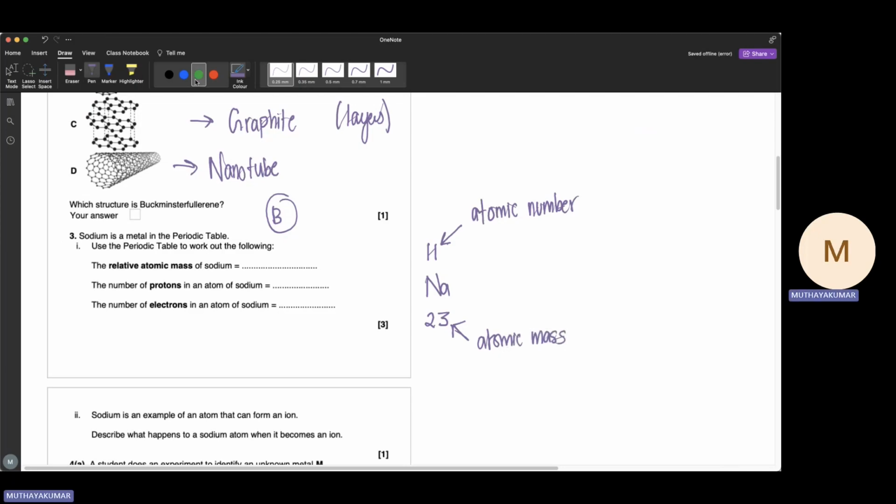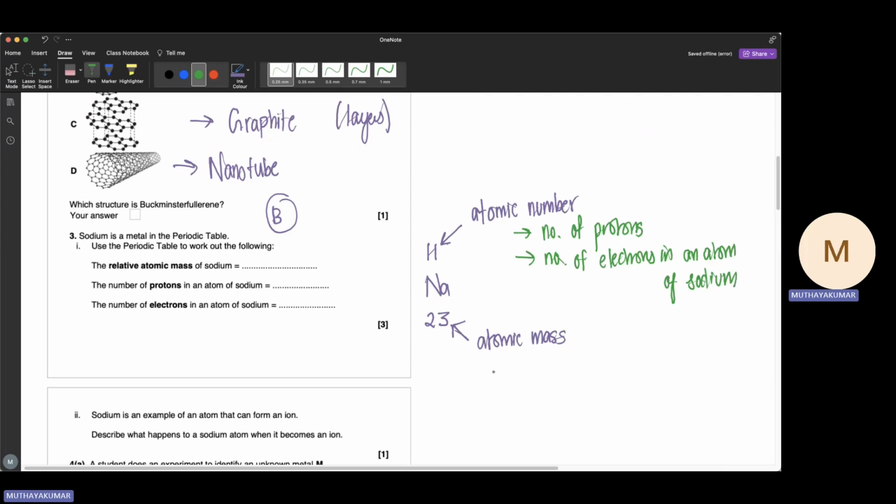The atomic number can tell us a couple of different things. It can tell us the number of protons in an atom. It can also tell us the number of electrons in an atom of sodium in this particular case.